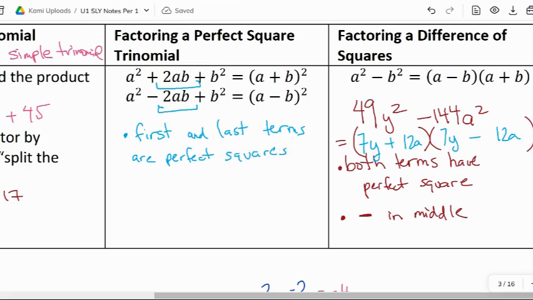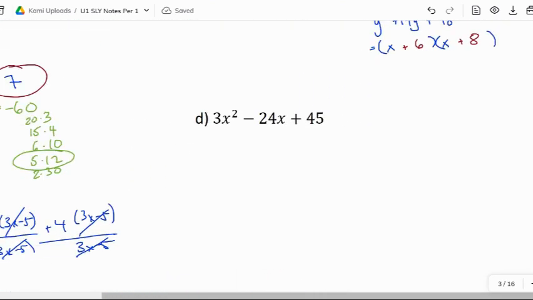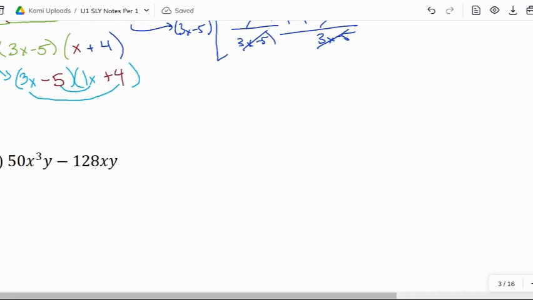If the first and last terms have a square root, then you check, is the middle term the product of the two terms doubled? Let's practice that in real life.